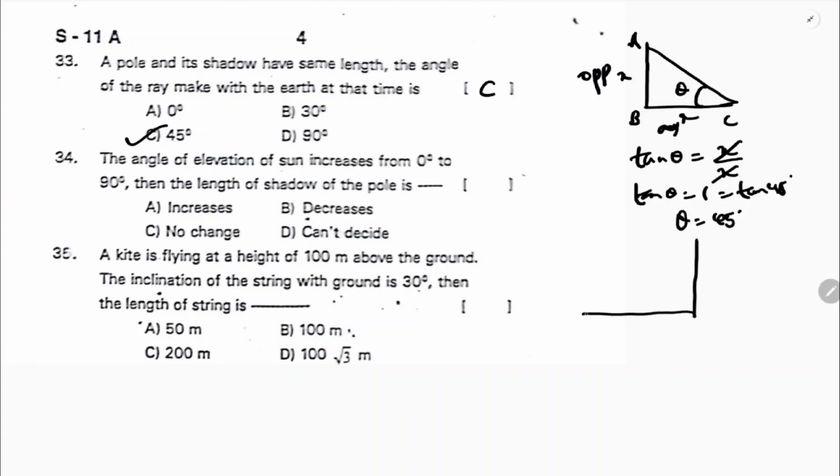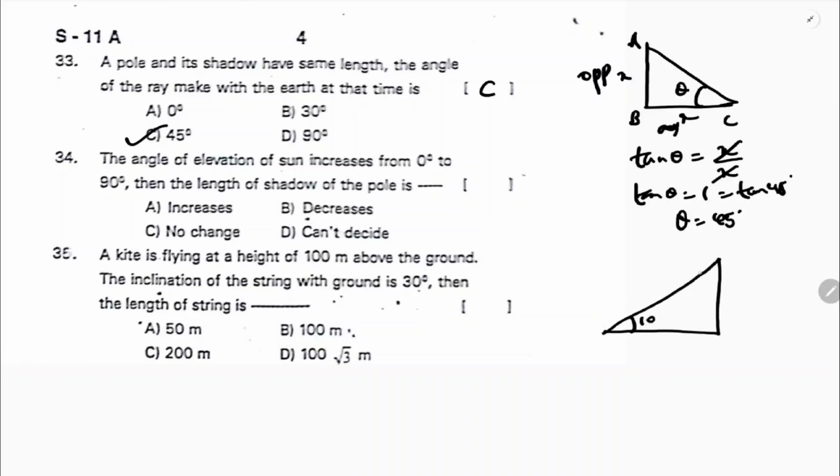Next, the angle of elevation of the sun increases from 0 to 90. Suppose first it was less, 0 means a horizontal line only, but it increases. As it increases, the length of the shadow will decrease. I'll draw one more diagram. Suppose we take an angle of 10 degrees, it will be over here.